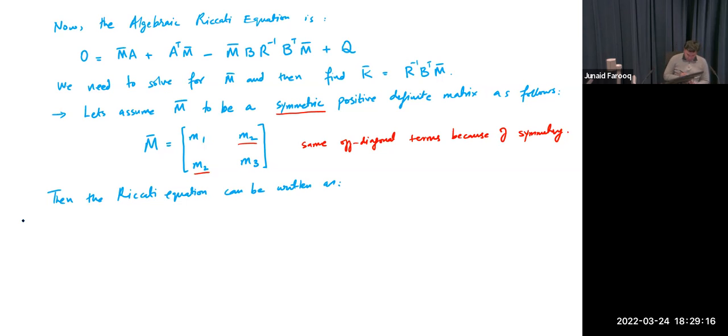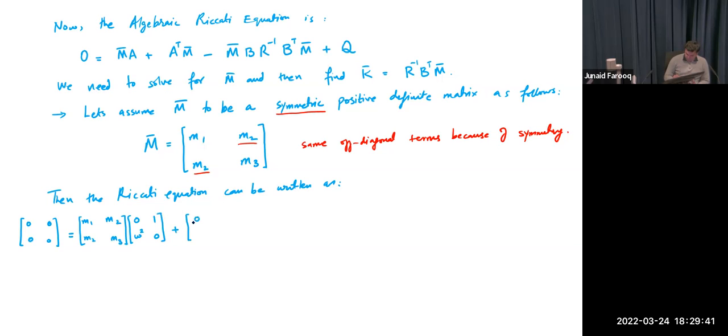Our equation will be a zero matrix that equals M bar A. So M bar is M1, M2, M2, M3 times A. A is 0, 1, omega squared, 0, plus A transpose.